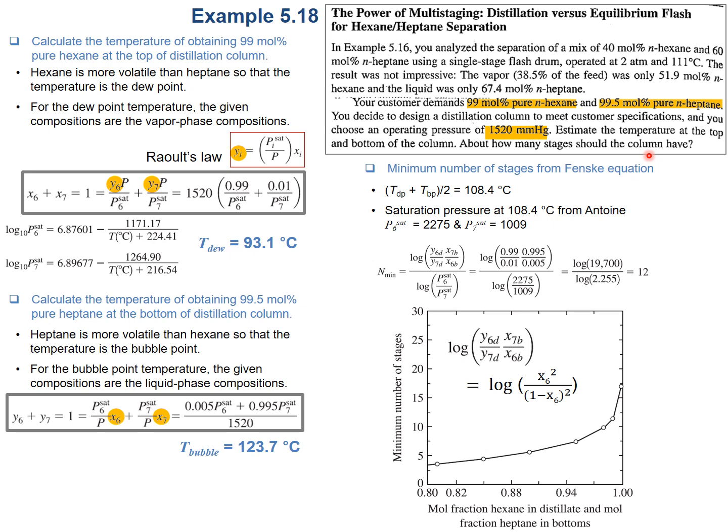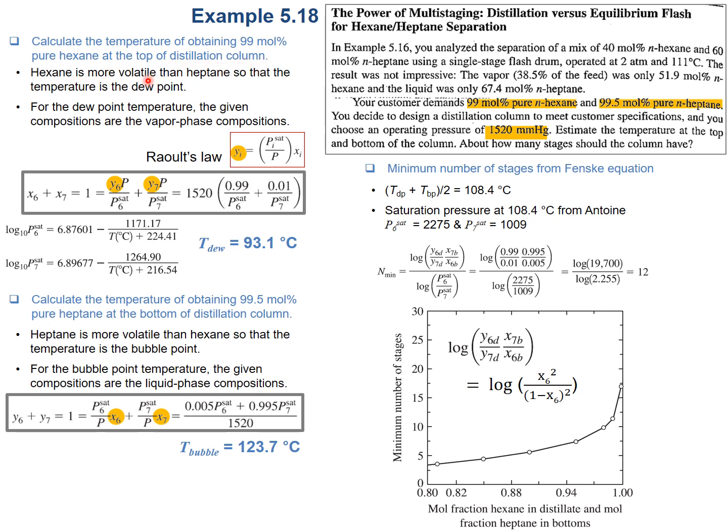So let me start the calculation. The target is 99 mole percent hexane and 99.5 mole percent pure heptane. As you know, hexane is more volatile than heptane, so the top product is hexane and the bottom product is heptane. Then let me calculate the temperature for obtaining 99 mole percent pure hexane at the top of the distillation column.